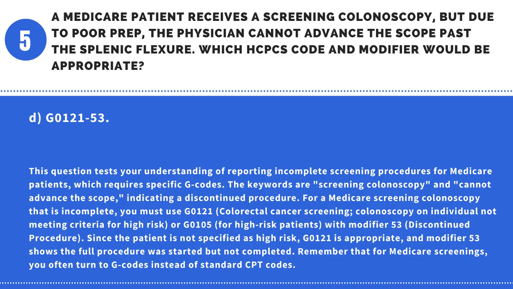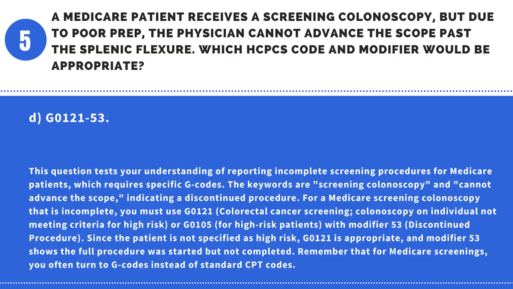Answer: D. G0121-53. This question tests your understanding of reporting incomplete screening procedures for Medicare patients, which require specific G codes. The keywords are screening colonoscopy and cannot advance the scope, indicating a discontinued procedure. For a Medicare screening colonoscopy that is incomplete, you must use G0121, colorectal cancer screening, colonoscopy on individual not meeting criteria for high risk, or G0105, for high-risk patients, with modifier 53, discontinued procedure.